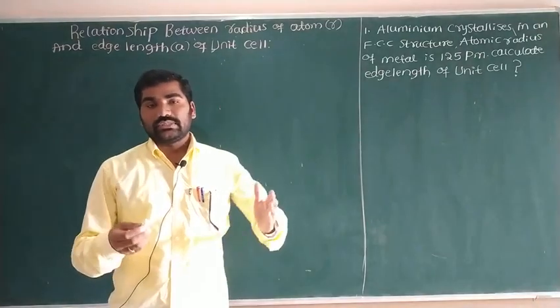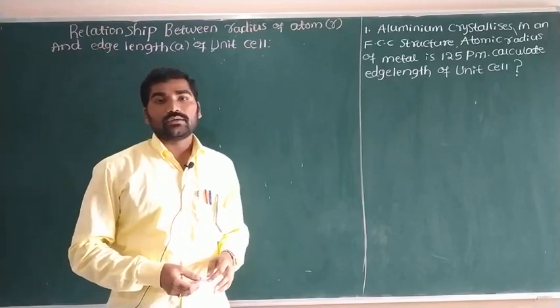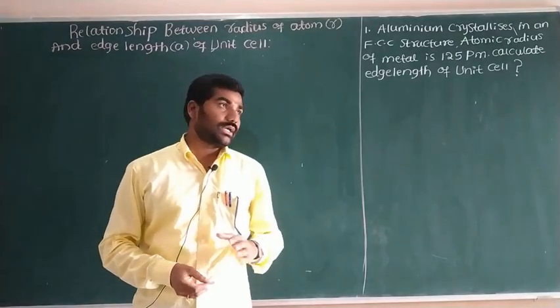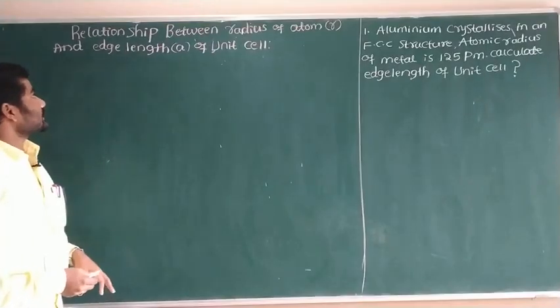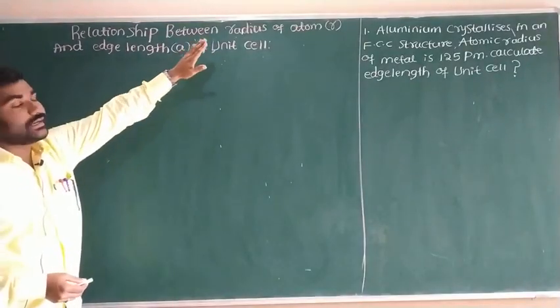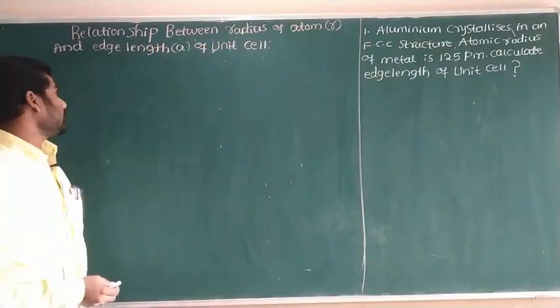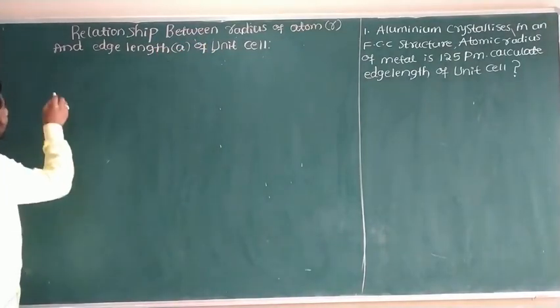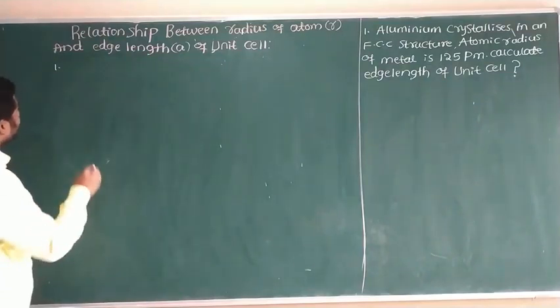The FCC unit cell is also called CCP or HCP arrangement. In the various unit cells, we will discuss the relationship between the radius of the atom and the edge length of the unit cell. First, we will take the simple cubic unit cell or primitive unit cell.